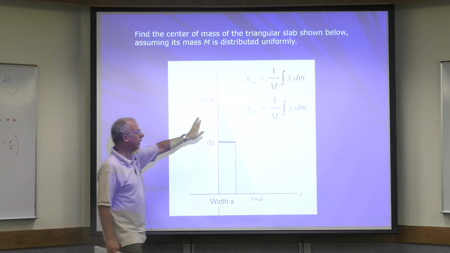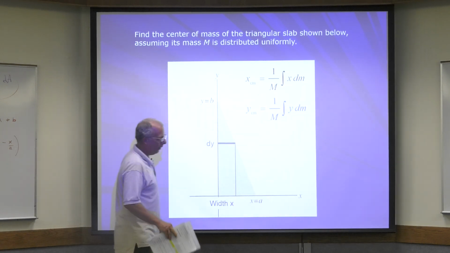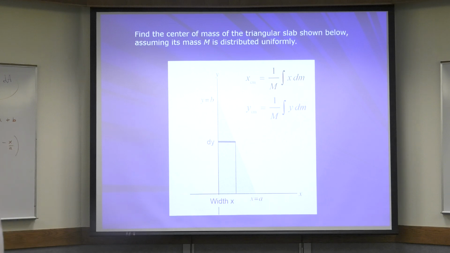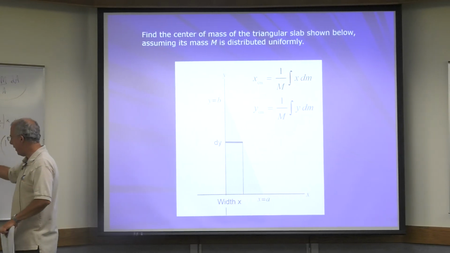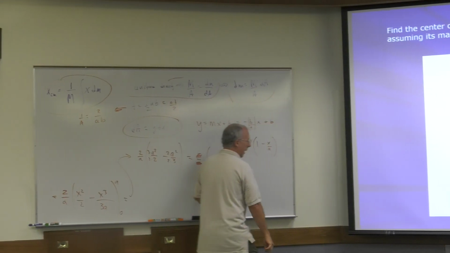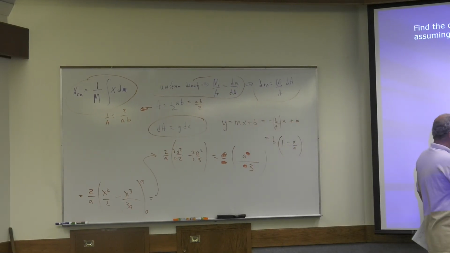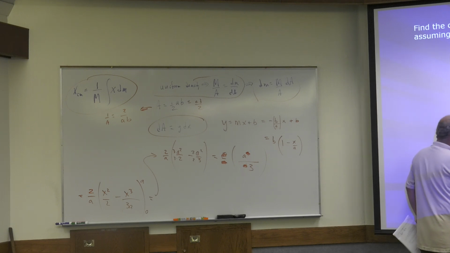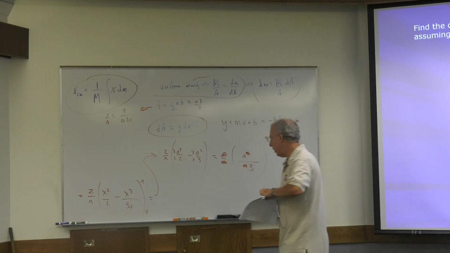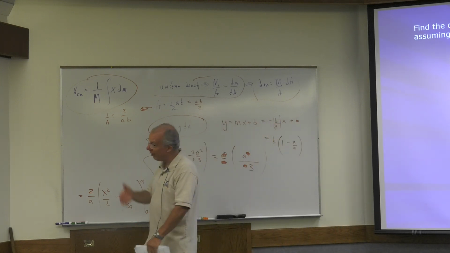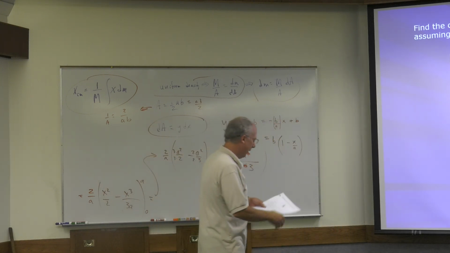Make sure the answer is reasonable. In fact, I'll tell you the answer. Here we had a over 3. The y center of mass is going to be b over 3. Kind of makes sense, right? So make sure you do it, because we're going to use this later on, so you have to know how to do it.